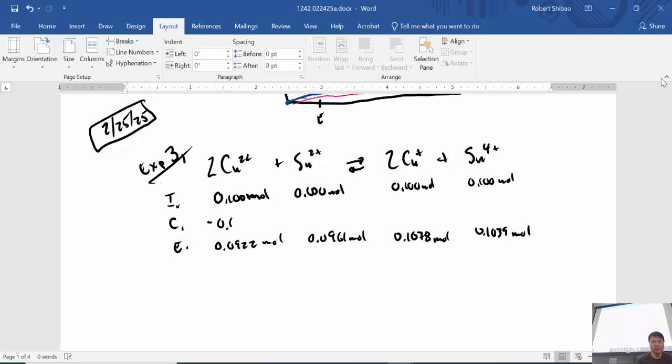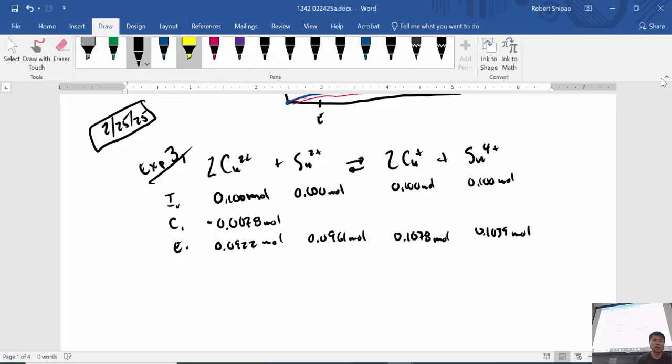We lost 0.0078. So if I go 3 decimals over, I just lost 7.8% of my copper.